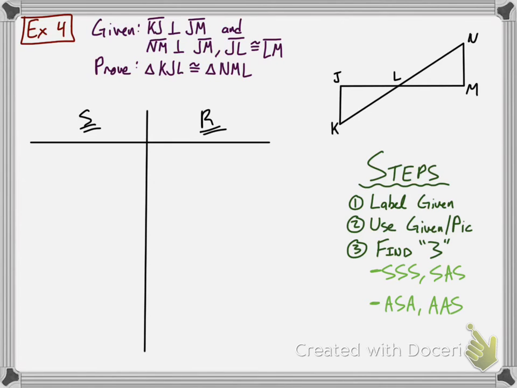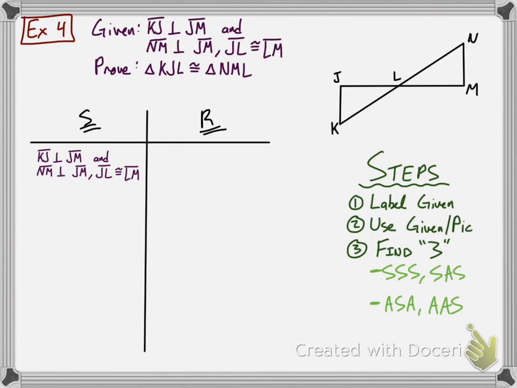And for our fourth and final proof today, we have our given information. KJ is perpendicular to JM, and NM is perpendicular to JM.